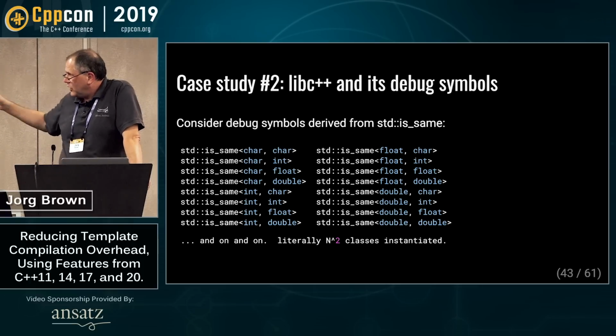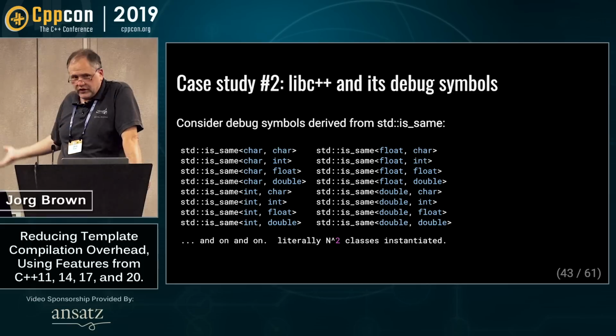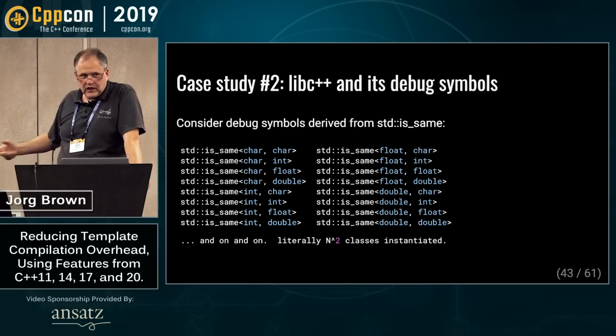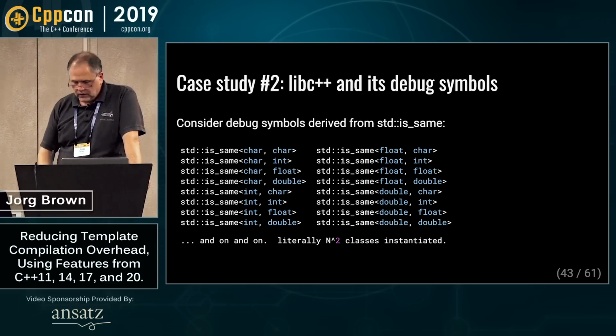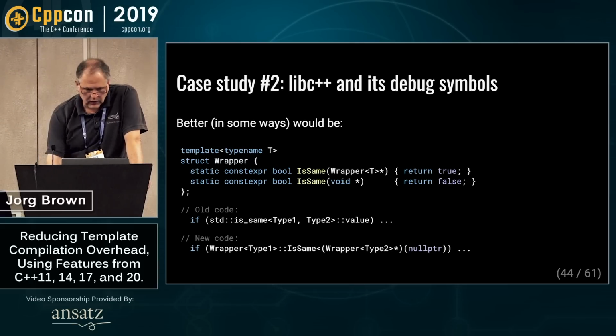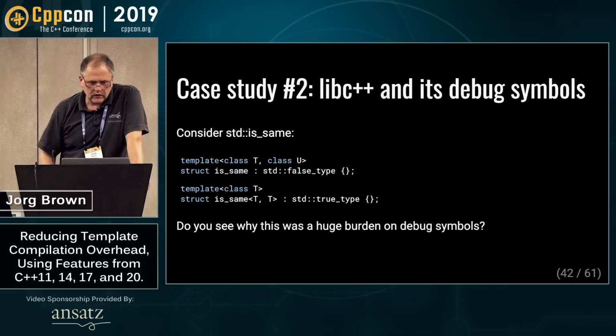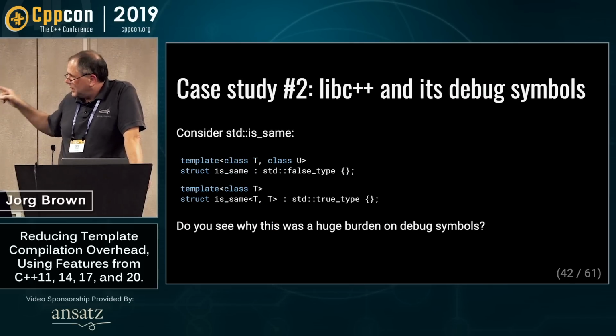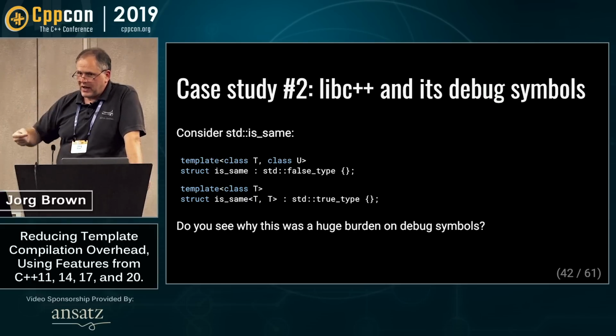Now, this is just what you can do with char, int, float, and double. You can imagine in a program that has many more types than this, this is much, much, much longer. Like, what the hell is going on? Why is this? The answer is that this ends up instantiating an is_same class for every possible combination that you actually pass to it.